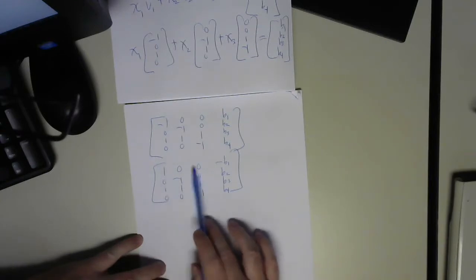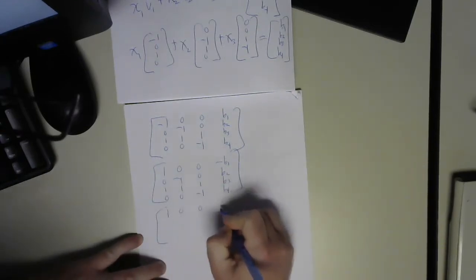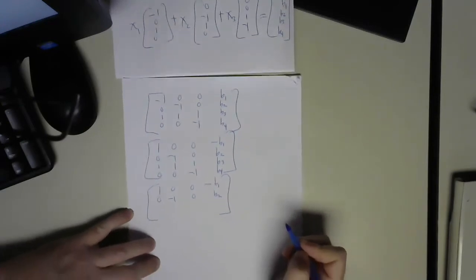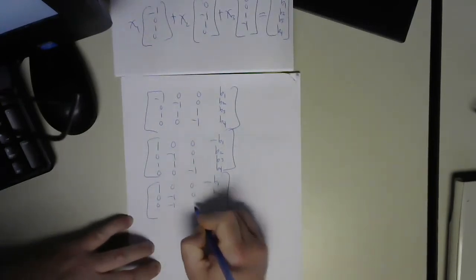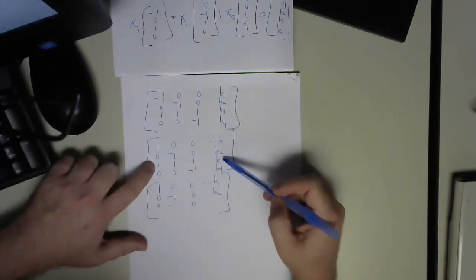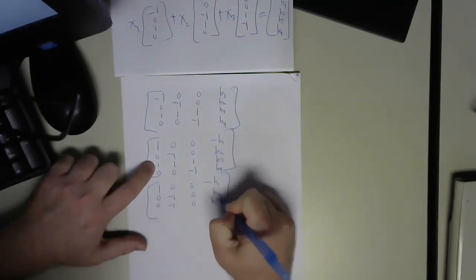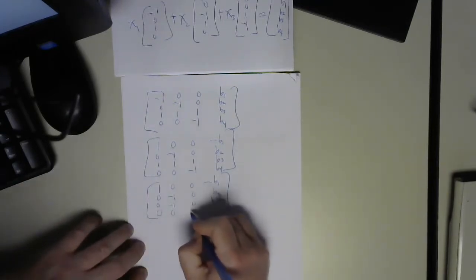So I'm just going to multiply the whole first row by -1 and add it to the third row. So multiplying the first one by -1 and adding it to the third, that'll give me a b1 plus b3 right here. All right, and I think the last row is okay the way it is.